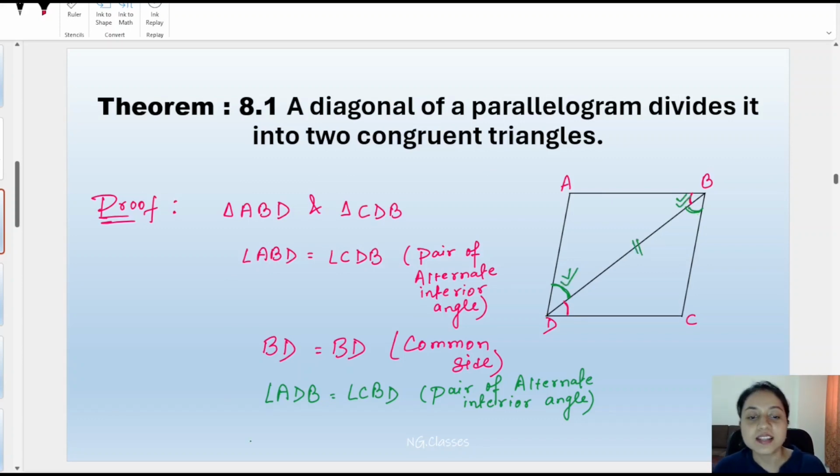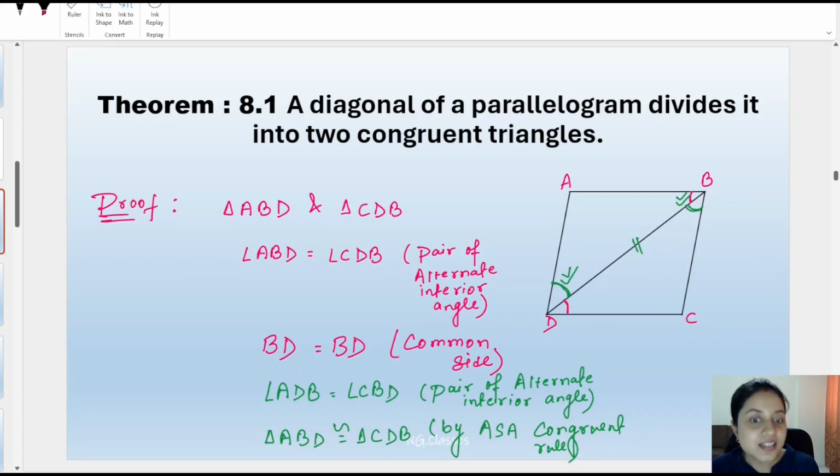So we can say that triangle ABD is congruent with triangle CDB by the angle side angle congruence rule. Please check the sequence as well.